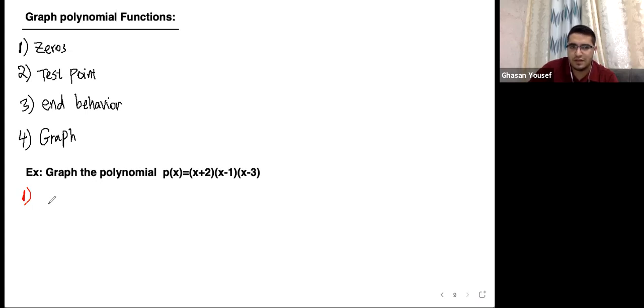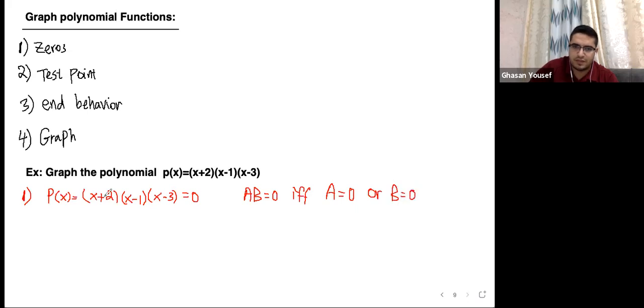Or you can solve it by using the zero product property, if you remember this property. So b of x equals x plus 2, x minus 1, and x minus 3 equals 0, by using the property ab equals 0 if and only if a equals 0 or b equals 0. Here we have a, b, c. The zero for the first factor would be minus 2.